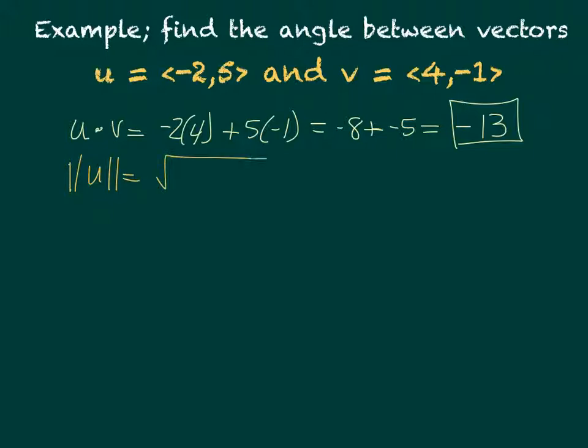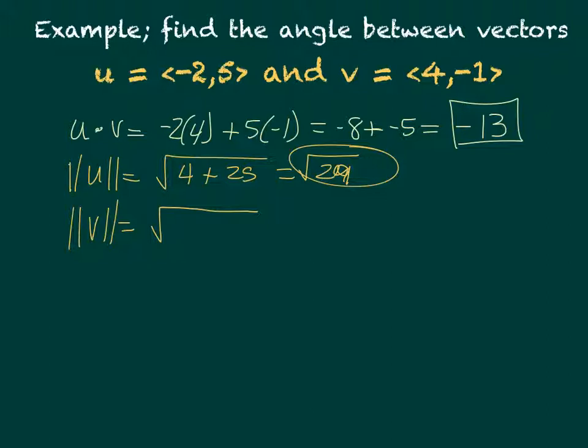And then I want to find my magnitude of u, which is going to be the square root of 4 plus 25, which is the square root of 29. And the magnitude of v is equal to the square root of 4 squared, which is 16, plus -1 squared, which is 1, which is the square root of 17.